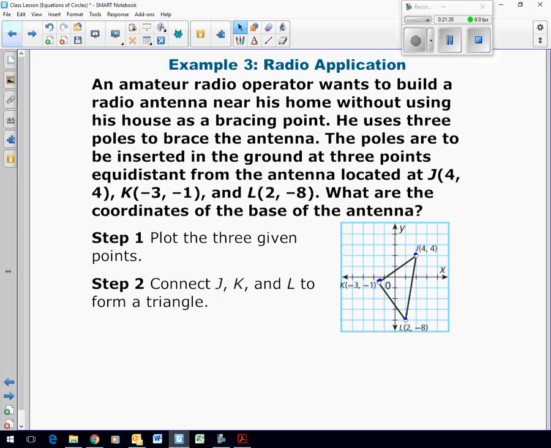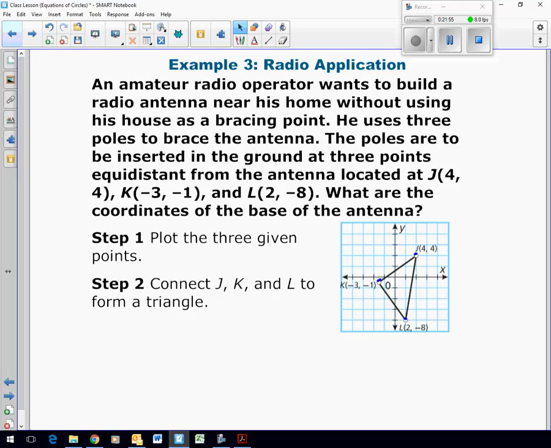So you create a circle. J, K, and L are on the rim of the circle because they're going to be equidistant from the center of the circle, right?